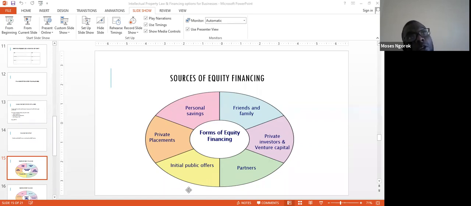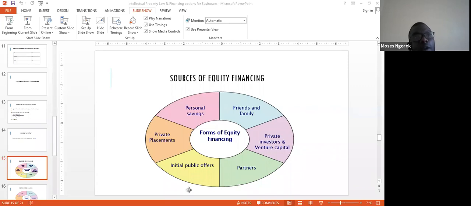Now, a public company in Uganda is one that has in excess of 100 members. Any company with in excess of 100 members becomes a public company and is required to list with the Uganda Securities Exchange. At the same time, it's also required to make some filings with the Capital Markets Authority.